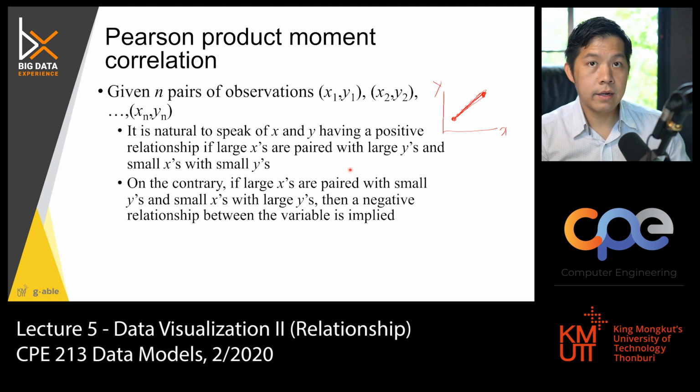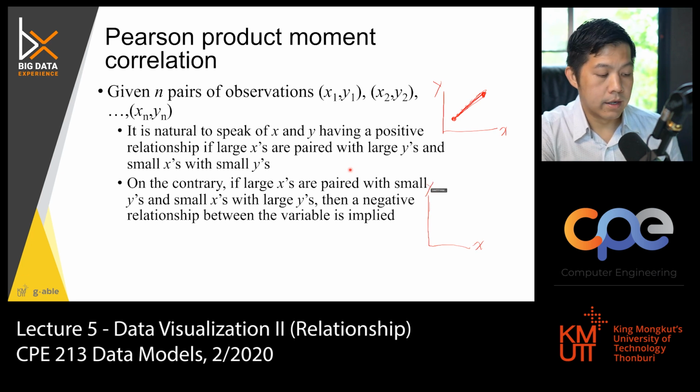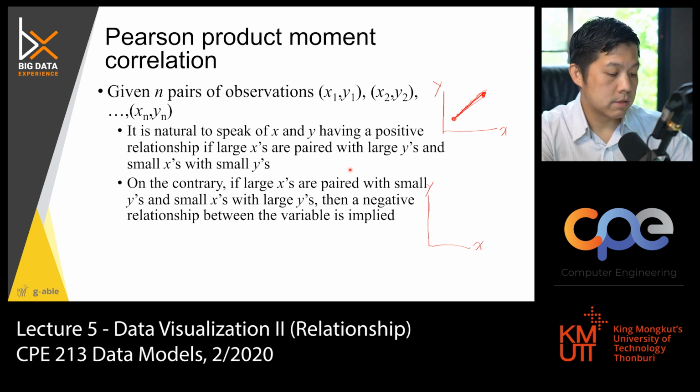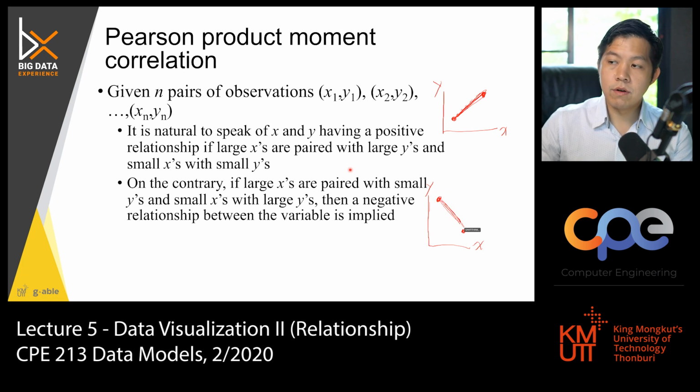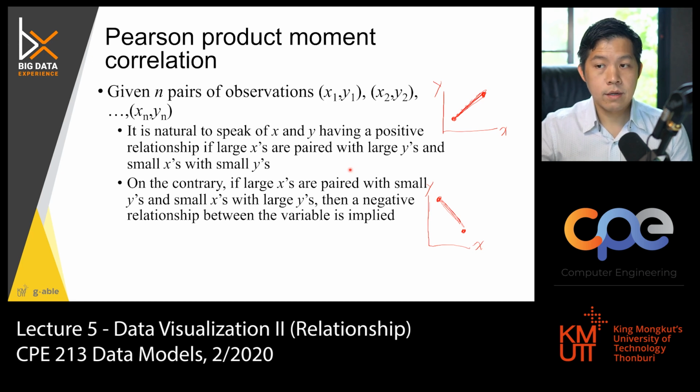If they are in a negative relationship, then your x and y would look like this. Large x pairs with small y, and small x pairs with large y, and that means it will go down here. If your graph looks like a line with a negative trend, that should indicate a negative relationship.